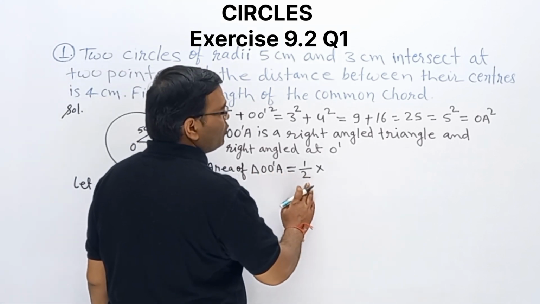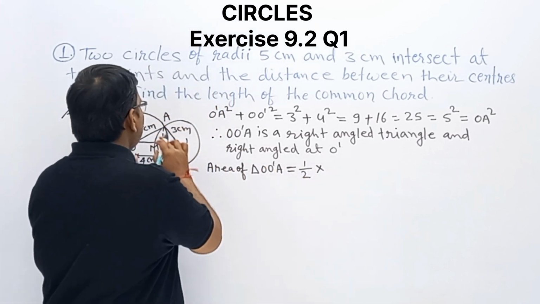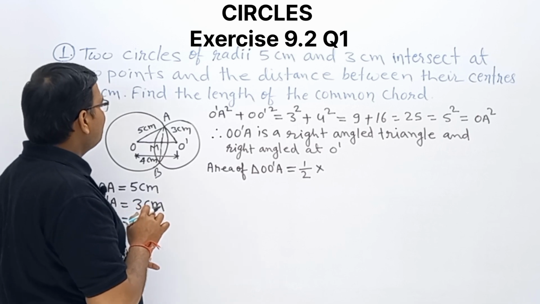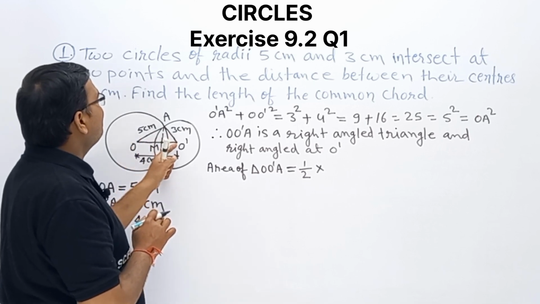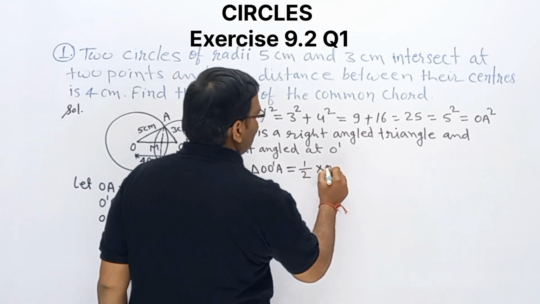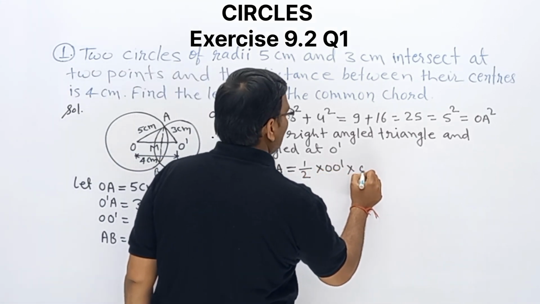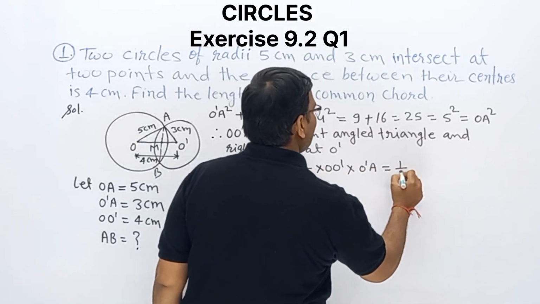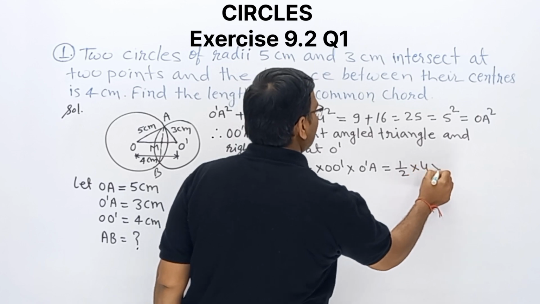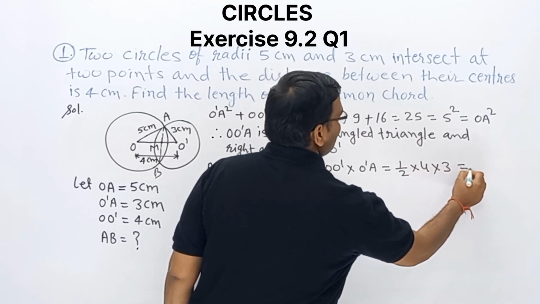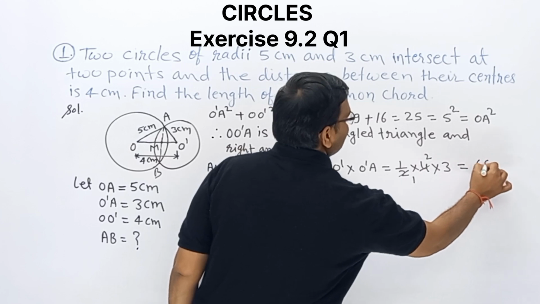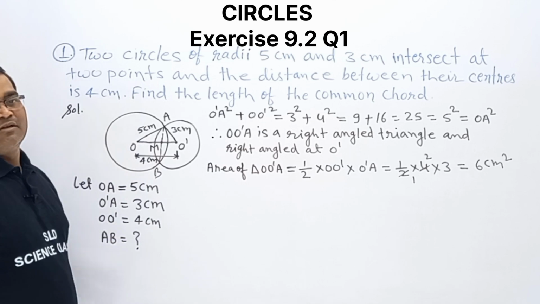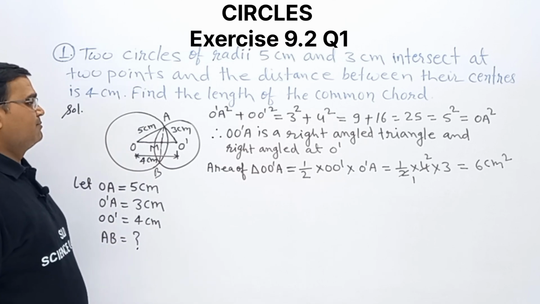Area of a triangle is 1 upon 2 base into height. In this triangle, right angled at O dash, the base is OO dash and the perpendicular is O dash A. Put the values: 1 upon 2 into 4 into 3. Solve this: 6 centimeter square we are getting. This is the area of this right angled triangle. Clear?